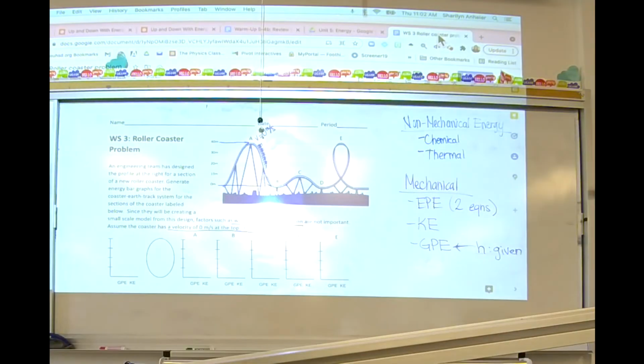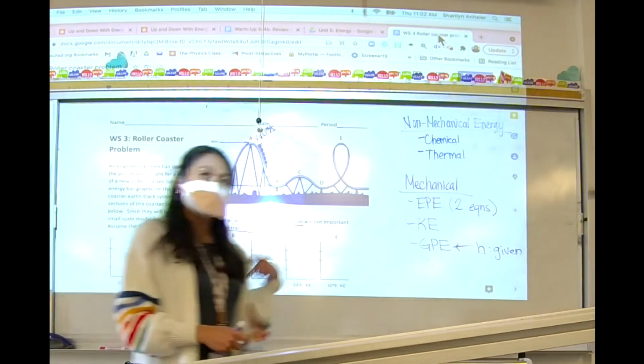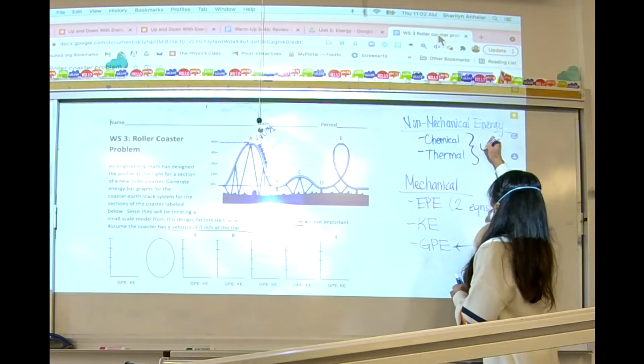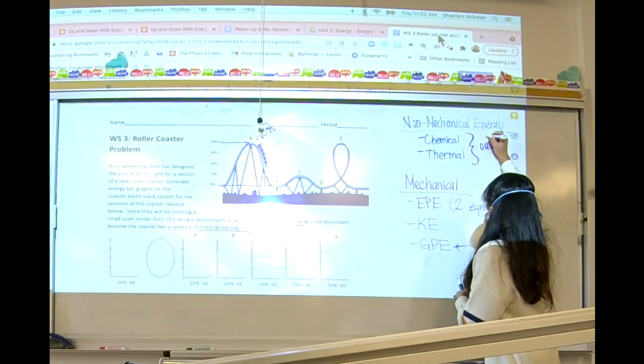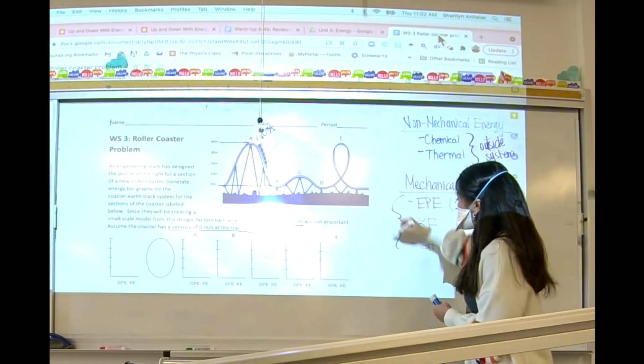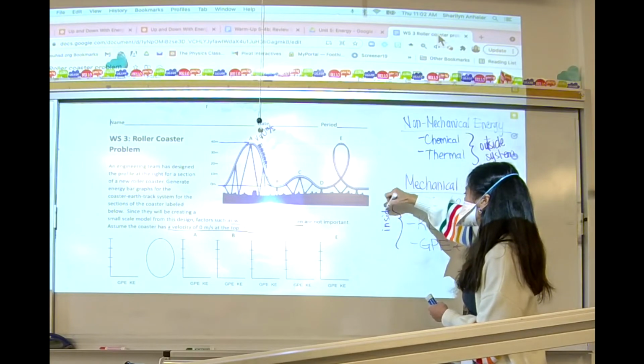Anytime we are doing these LOL charts from this point on, I want you to consider non-mechanical energy as outside the system, and then mechanical energy inside the system, because this is something we can calculate.